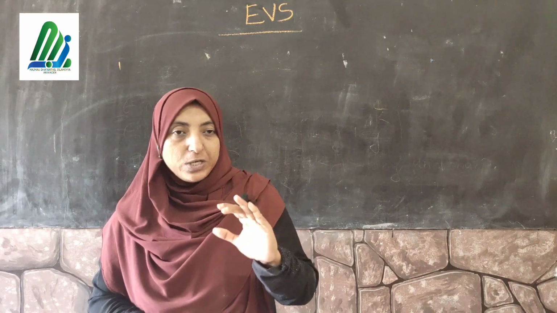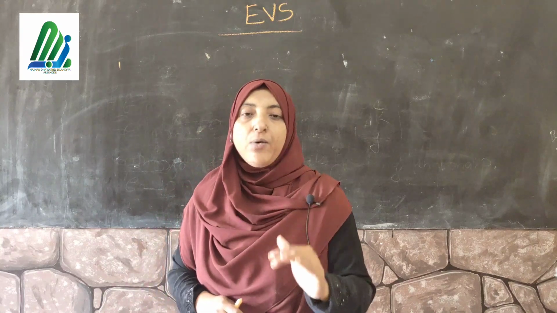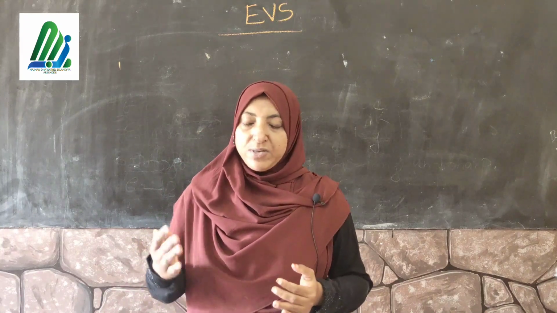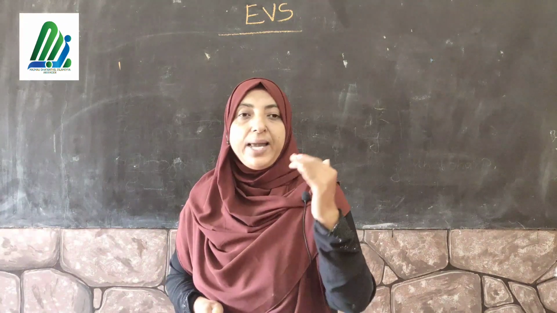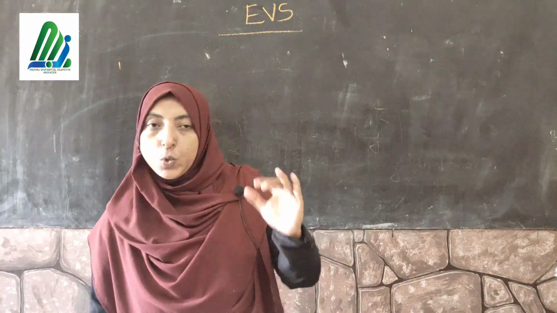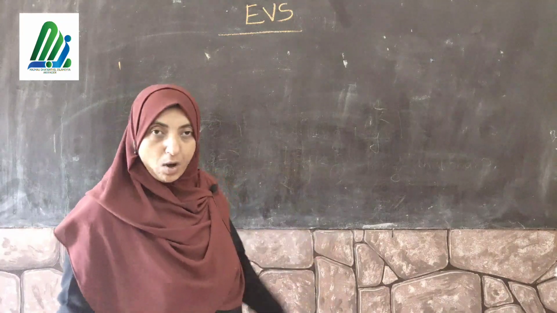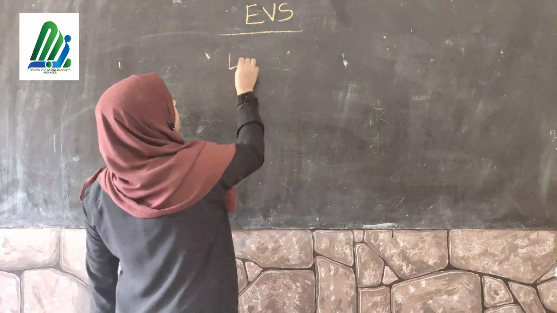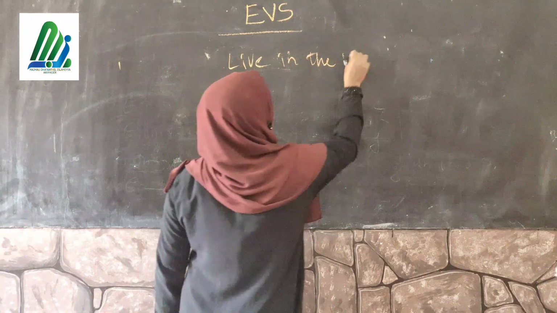And now we are going to study which are the important organisms or creatures that live in the soil. Can you say which are the important organisms? You can look at your surroundings. You can see so many creatures, small and big, that live in the soil. So first of all, we can list out which are the important creatures that live in the soil. Organisms that live in the soil.